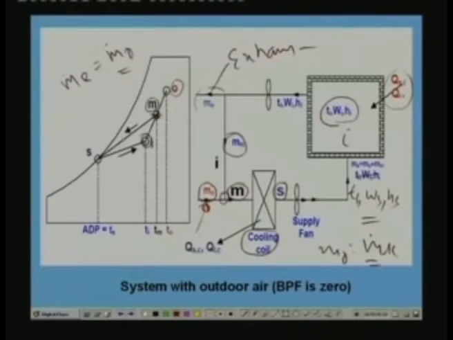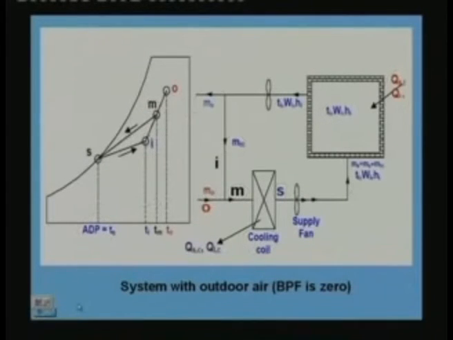At this point, it enters the cooling coil, and as the air flows through the coil it undergoes cooling and dehumidification, so its temperature drops and its humidity also drops. This is the humidity drop and this is the temperature drop. Since this is the case of zero bypass factor, the exit condition S coincides with the apparatus dew point of the coil, so the exit condition is somewhere here.